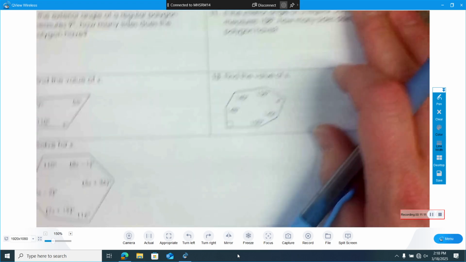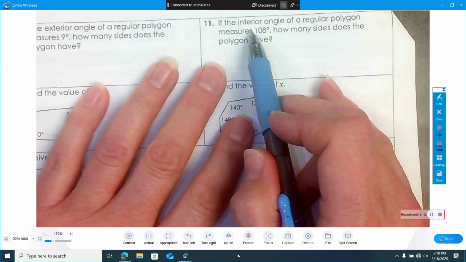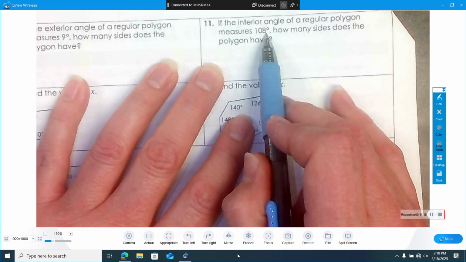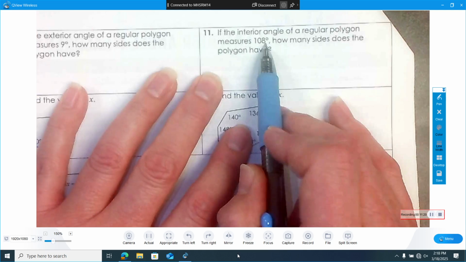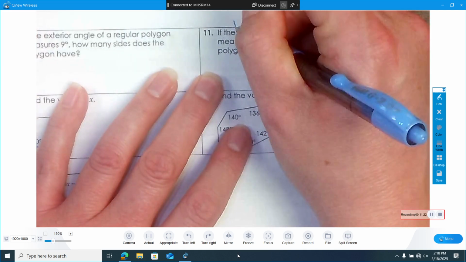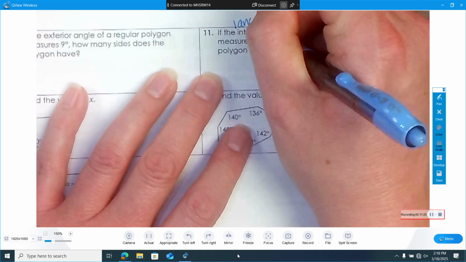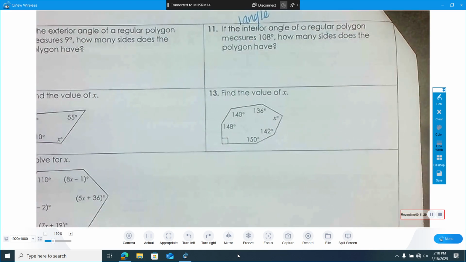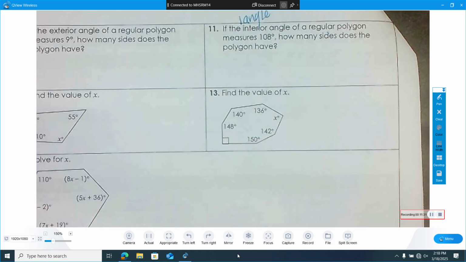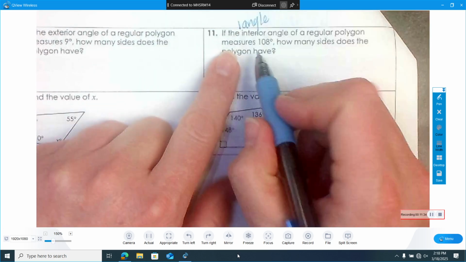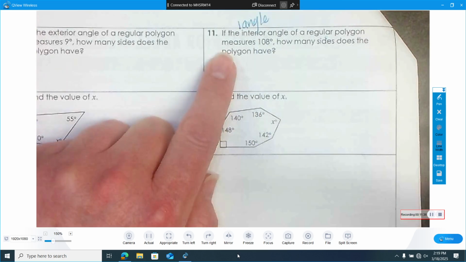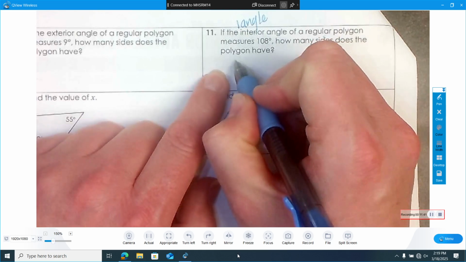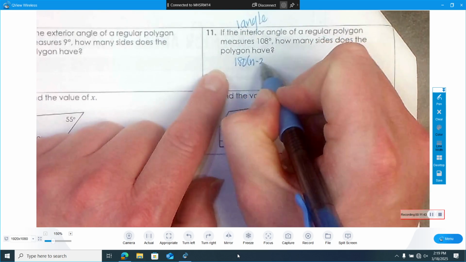Number 11. If the interior angle of a regular polygon measures 108 degrees, this is one angle. It is a regular polygon, so all the angles are the same. So let's see, 180 times n minus 2.